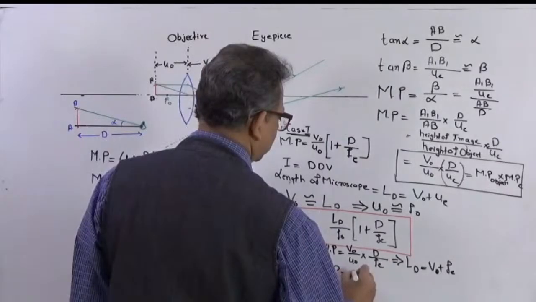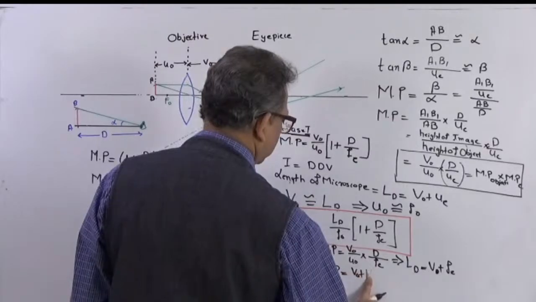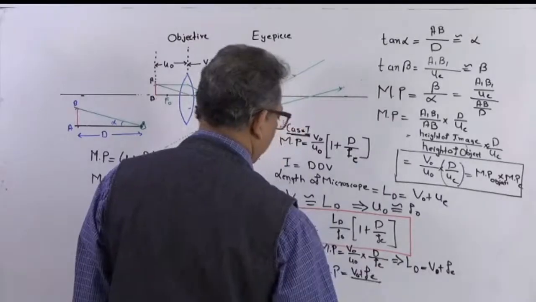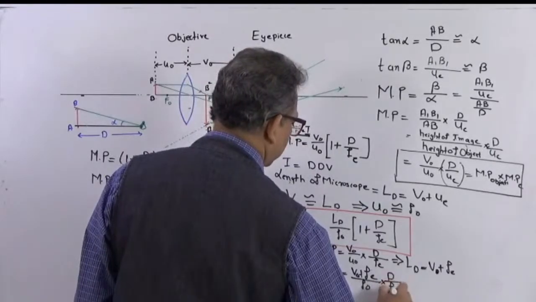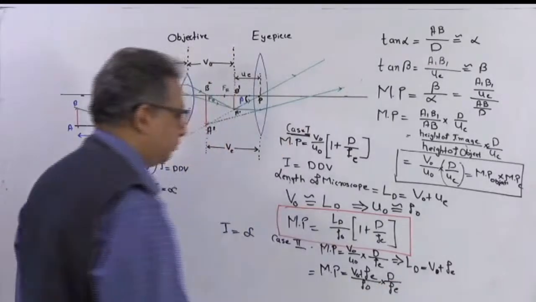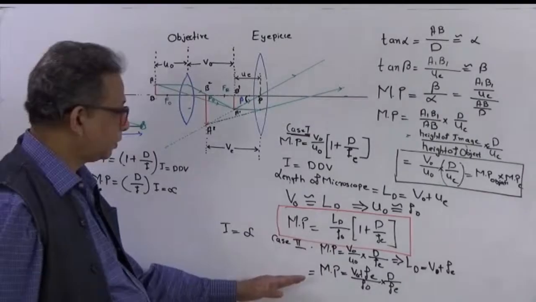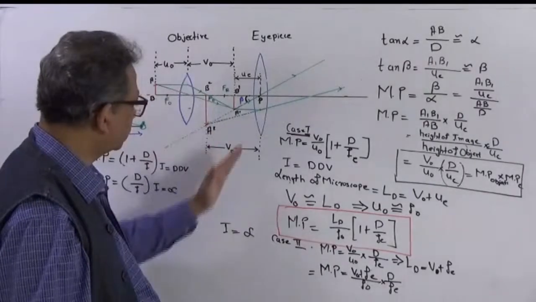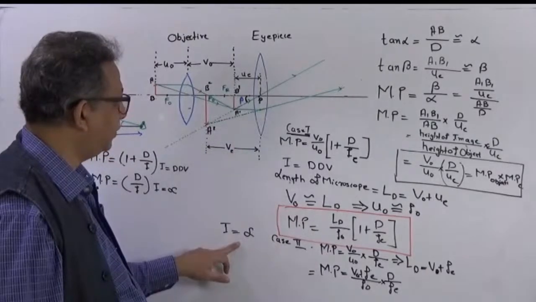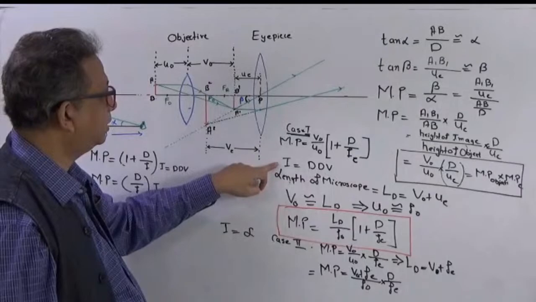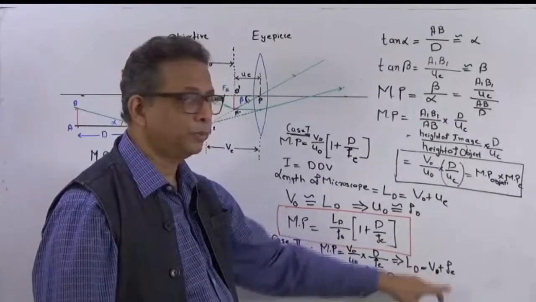So it will be V0 plus Fe, and U0 will be equal to F0, so D upon Fe times this will be the magnifying power which has to be used for your compound microscope in the situation where the image is at infinity. Here, when the image is at DDV, the length LD of the microscope in this case is V0 plus UE.